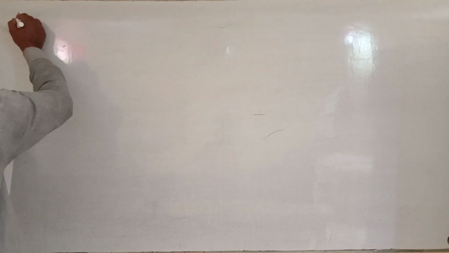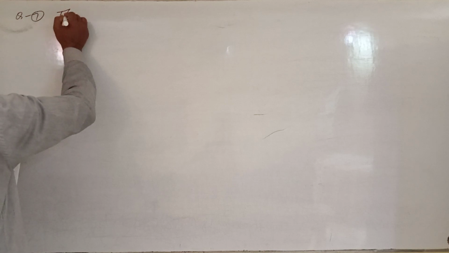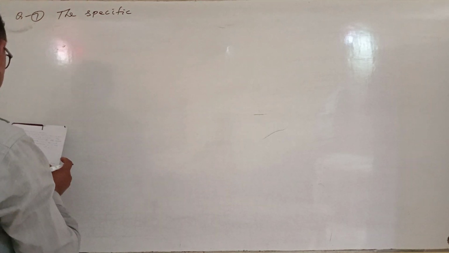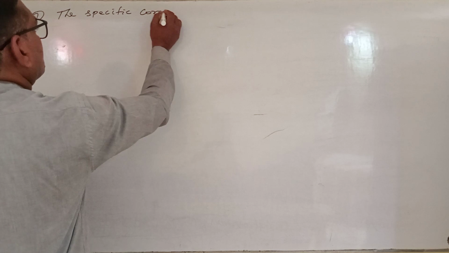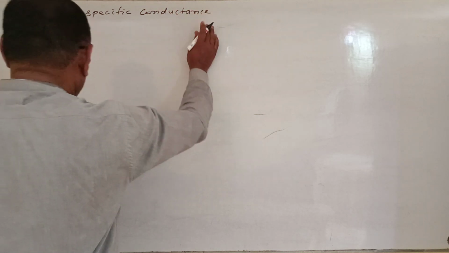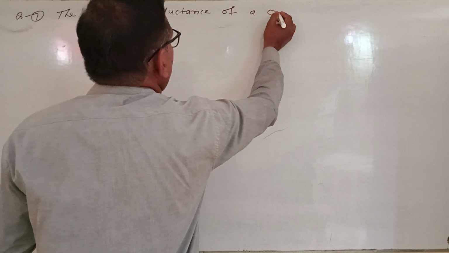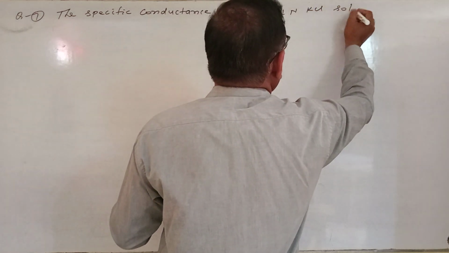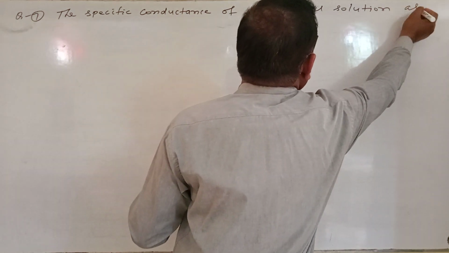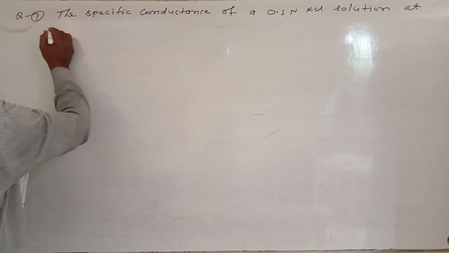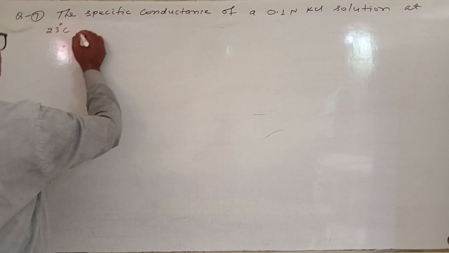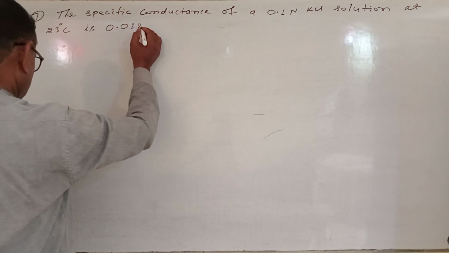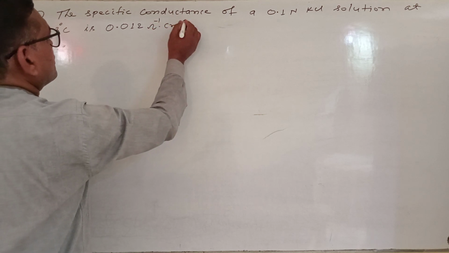Question 7 is the specific conductance of a 0.1 N KCl solution at 23 degrees Celsius is 0.012 ohm inverse cm inverse.